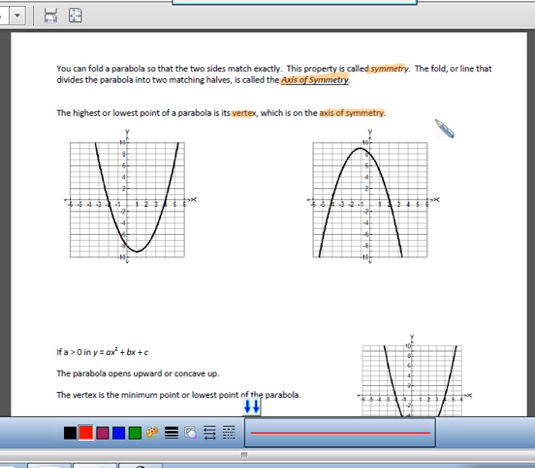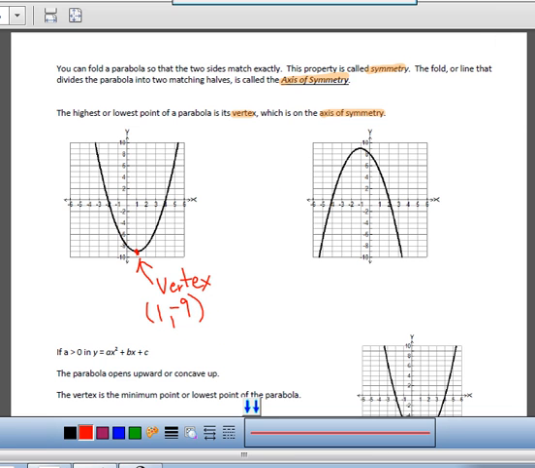So again, let's point out the lowest point here, the turning point basically, is our vertex. And in this example, the vertex is the point 1, -9. So notice the x value is 1.